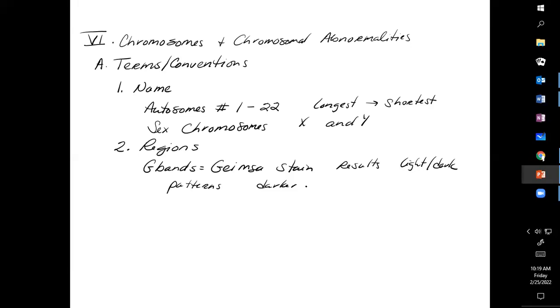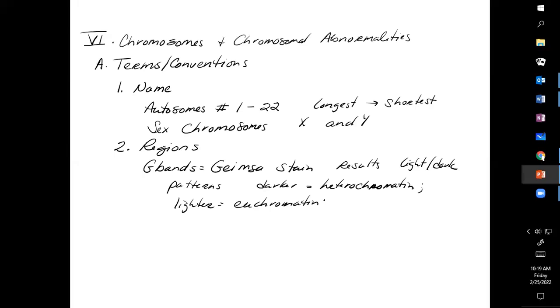They keep more stain, and these are heterochromatic. So these are more densely packed regions of the chromosomes, and then the lighter regions are euchromatin.